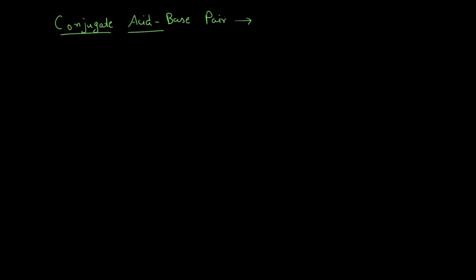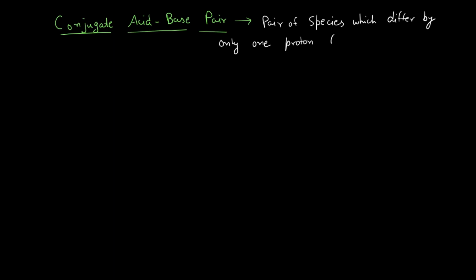A pair of species which differ by only one proton. What is a proton? Proton is H plus. So a pair of species which differ by only one proton is termed as a conjugate acid-base pair.